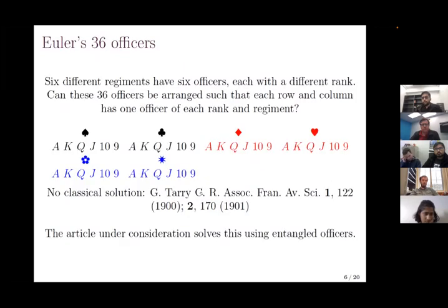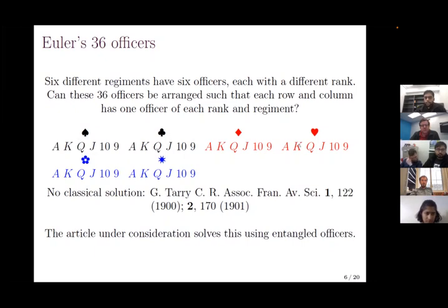This is where Euler's 36 officers come in. The problem is that we have 6 different regiments, each with 6 officers of 6 different ranks. Can these 36 officers be arranged such that each row and column has one officer of each rank and regiment? It's basically looking for an orthogonal Latin square for d equals 6.